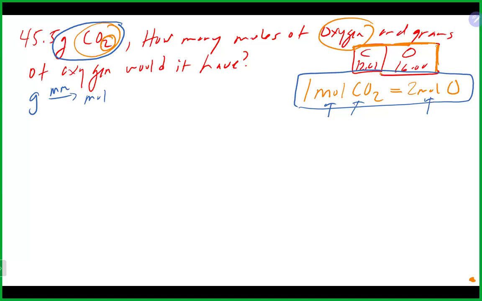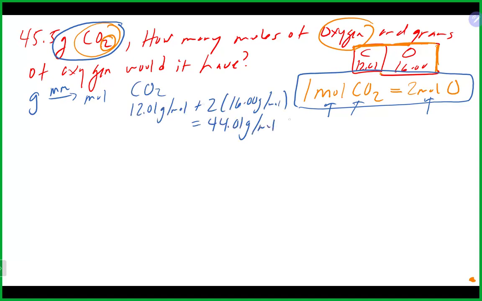And this is what I was saying about earlier, that here you do need the carbon so that you can get the correct molar mass for CO2. So if we look up on the periodic table for CO2 and get all the parts, we need 12.01 for our carbon that's there. There are 2 oxygens, each at 16. Gives us 44.01 grams per mole as the molar mass of CO2, the entire thing.